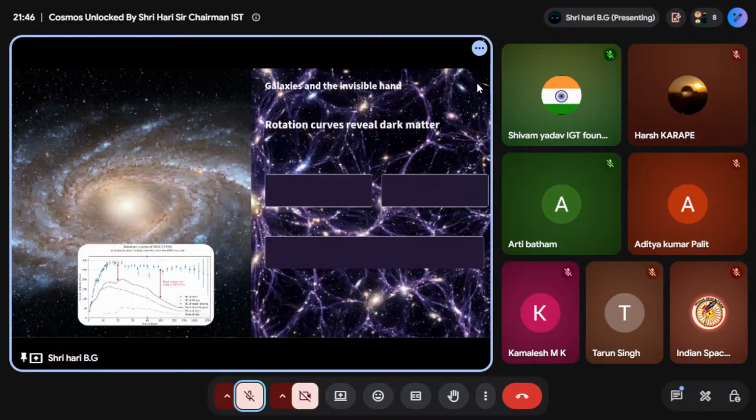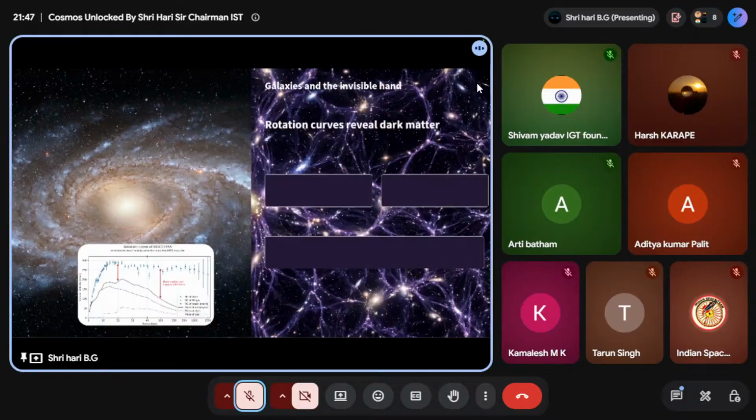When scientists measured how fast stars orbit at the edge of the galaxy, they found something strange. You can see the graph here on the left side in the white image, and on the y-axis there is the velocity of the stars, and on the x-axis there is the radius of the galaxy, going out from the center of the galaxy.